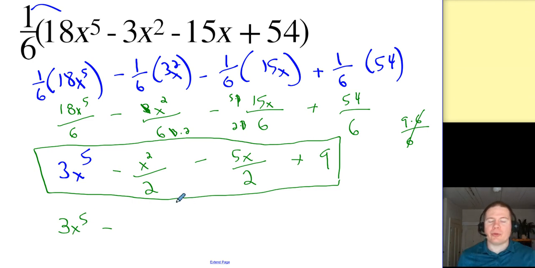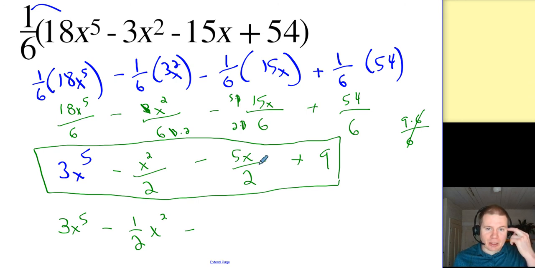This is where our work with unit fractions can be so helpful here, right? I recognize that dividing by 6 is exactly the same as times 1/6. Well, dividing by 2 is the same as multiplying by 1/2. Same thing here. X is being multiplied by 5 and divided by 2. Well, divided by 2, that means times a half.